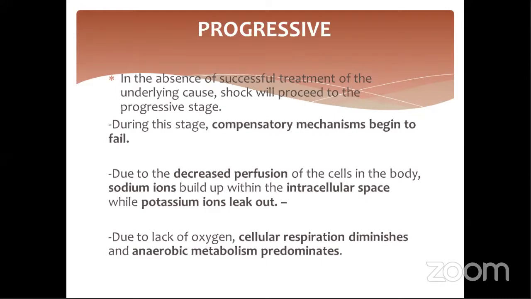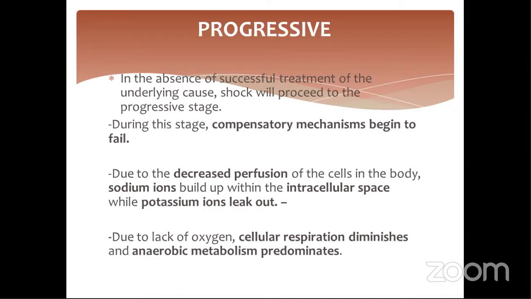During this stage, compensatory mechanisms begin to fail. Due to decreased perfusion of the cells in the body, sodium ions build up within the intracellular space while potassium leaks out. Due to lack of oxygen, cellular respiration diminishes and anaerobic metabolism predominates. So acidosis starts.